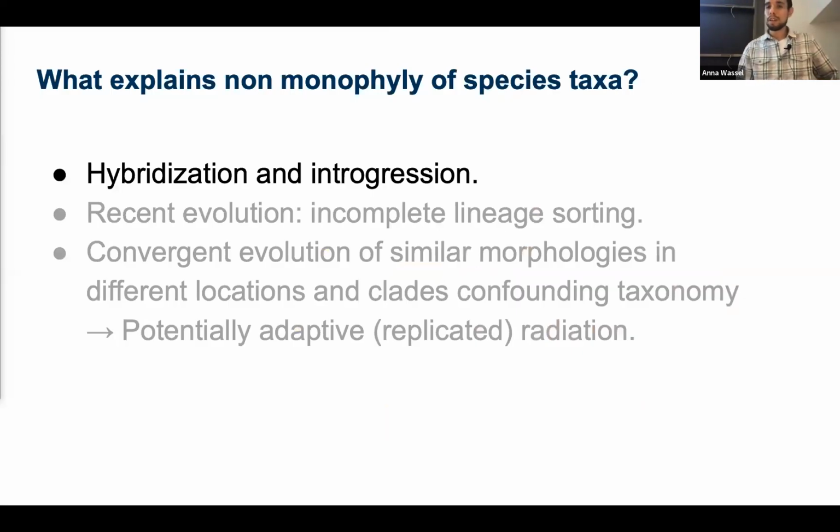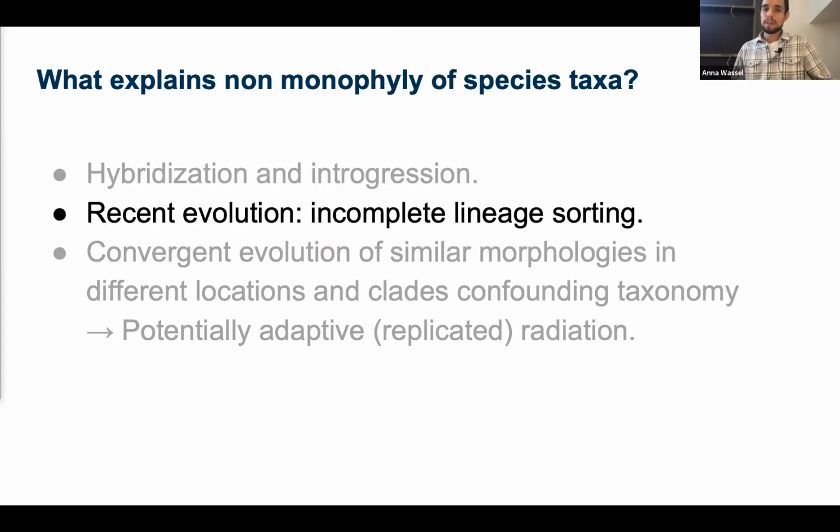And so now the question is how to explain the non-monophyly of these taxonomic species. And well, the first thing might be hybridization and introgression, and recent evolution that might lead to incomplete lineage sorting. So these two might bias phylogenetic estimation, especially hybridization and introgression might be producing phylogenetic errors because we use a model that assumes bifurcating trees.